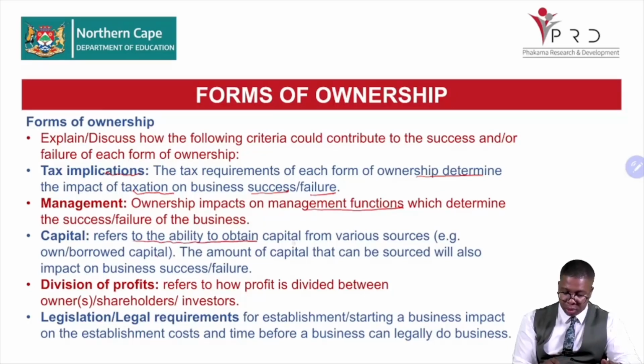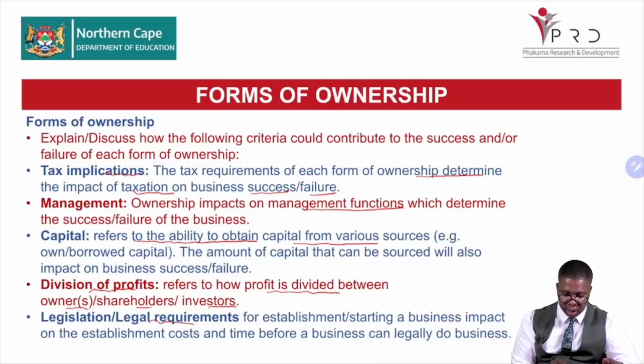Capital refers to the ability to obtain capital, to say which form of ownership would allow the owner to get capital and bigger capital for that matter, which will contribute to the success and failure. And then division of profit refers to how profit is divided between owners, shareholders, or investors of a particular form of business or form of ownership.